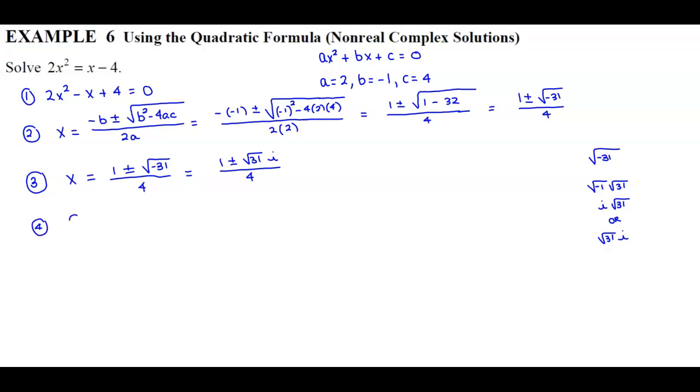So now let's go ahead and rewrite this as a solution set. So we have 1 over 4 plus or minus the square root of 31 over 4 i. That's the simplified version. Or the longer version would be 1/4 minus the square root of 31 over 4 i, comma, 1 over 4 plus the square root of 31 over 4 i.